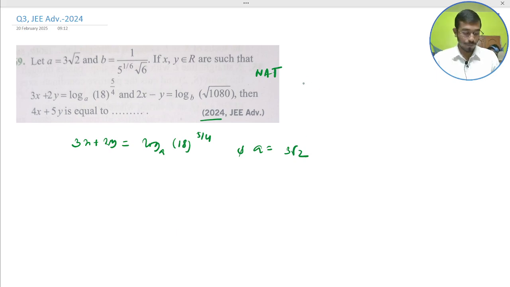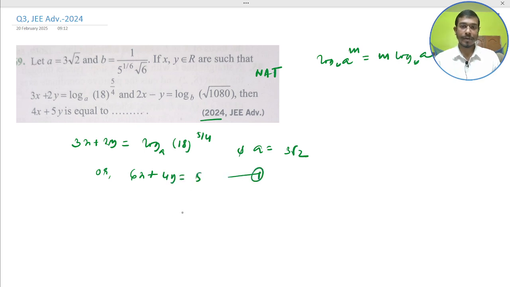You know the formula of logarithm: log base B of A to the power m is equal to m log base B of A. So it would become 6x plus 4y equal to 5. Equation number 1.